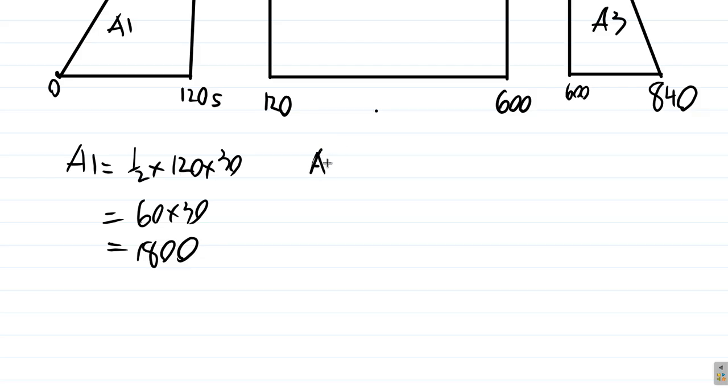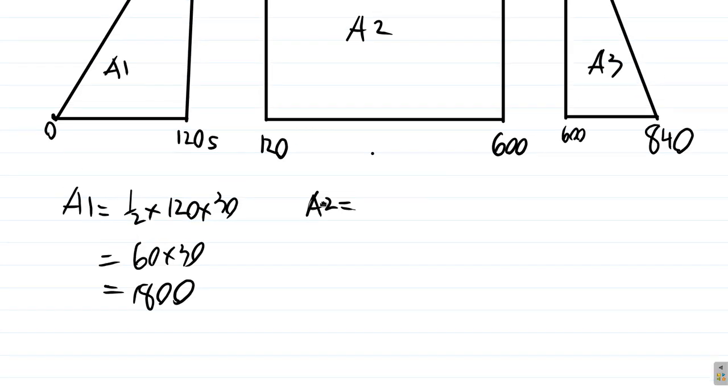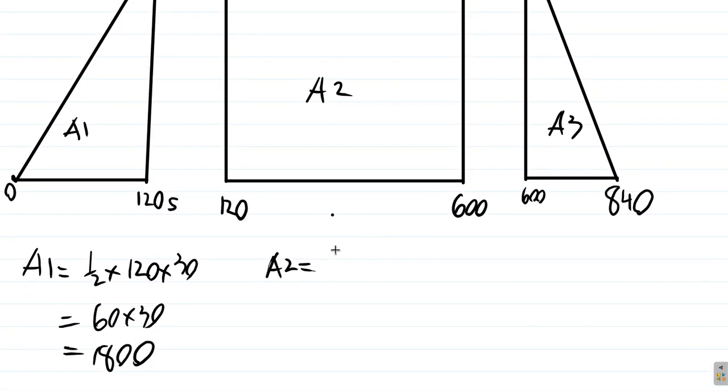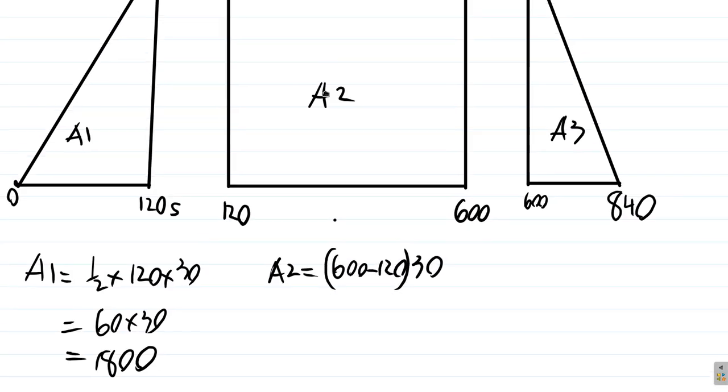A2 would be 600 minus 120 to get the width, times the height 30. It's the same height, 30.